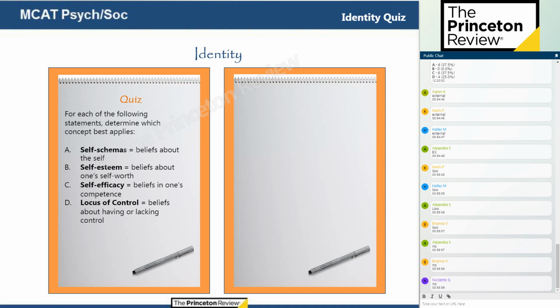So again, using the polling option, statement 1. Is that a self-schema? Is that about self-esteem, self-efficacy, or locus of control?